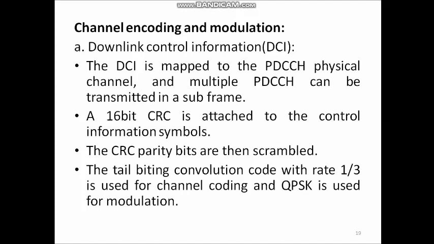Here a 16-bit cyclic redundancy check, CRC, is attached to the control information symbols, and the CRC parity bits are then scrambled. The tail-biting convolutional code with rate 1/3 is used for channel coding, and quadrature phase shift keying is used for modulation.